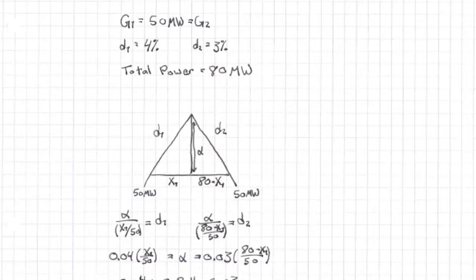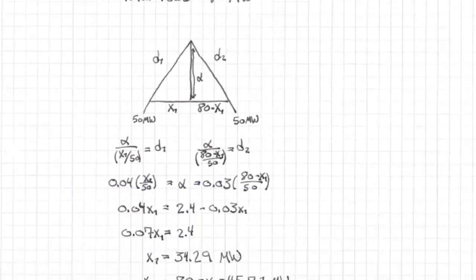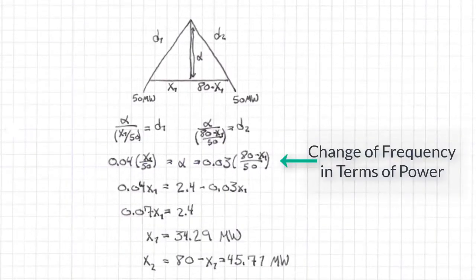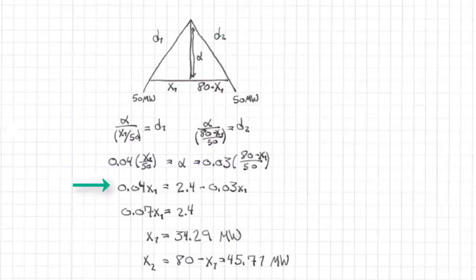We can set these equal to each other in terms of alpha, and we end up with 0.04 X1 over 50 equals alpha, which equals 0.03 times (80 minus X1) over 50. Setting these equal, we have 0.04 X1 equals 2.4 minus 0.03 X1.